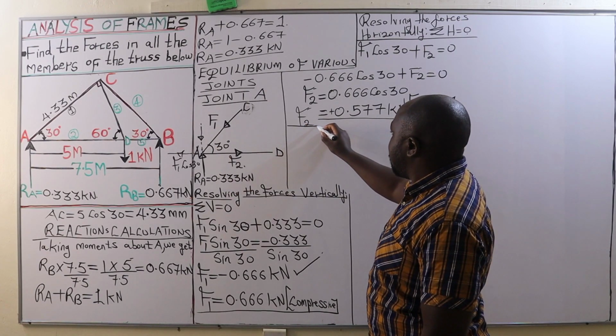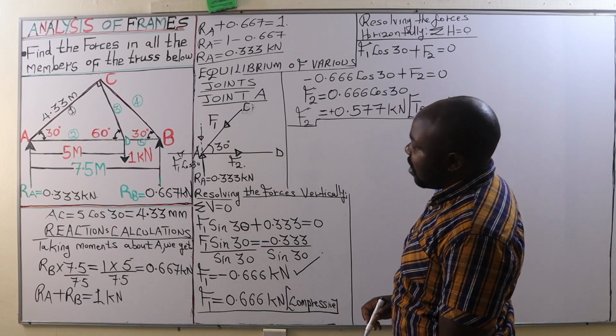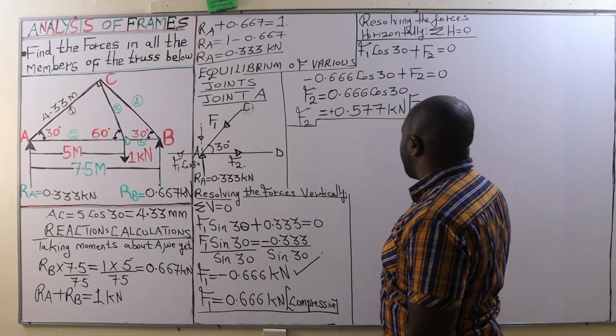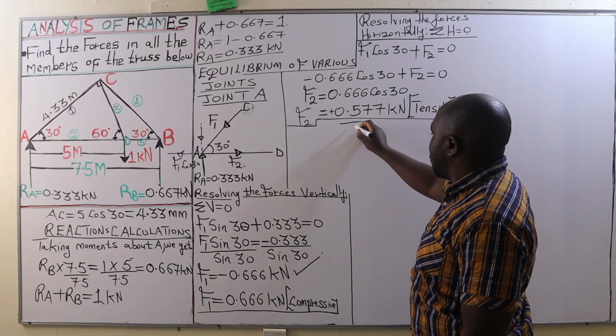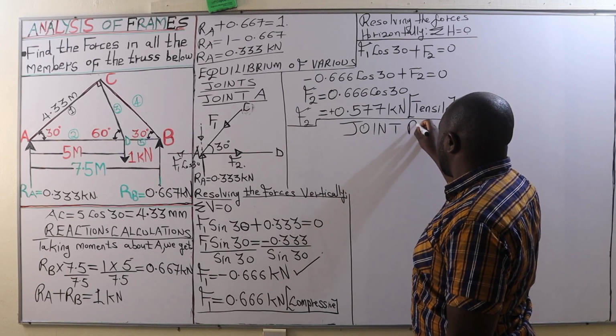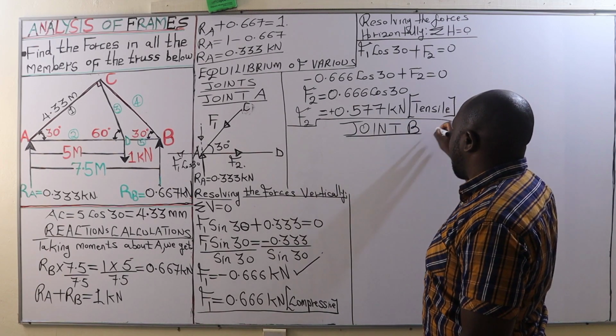Now, after we are done with joint A, the next joint which we are going to consider is joint B. Therefore, we write here joint B and analyze it.